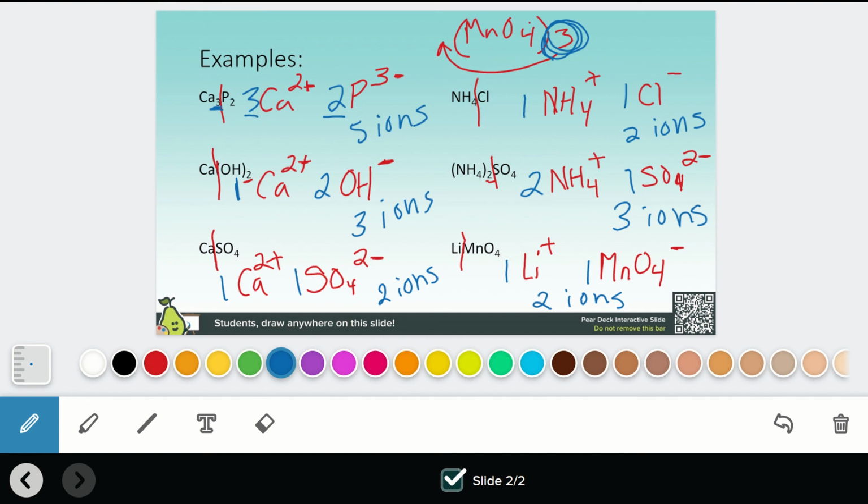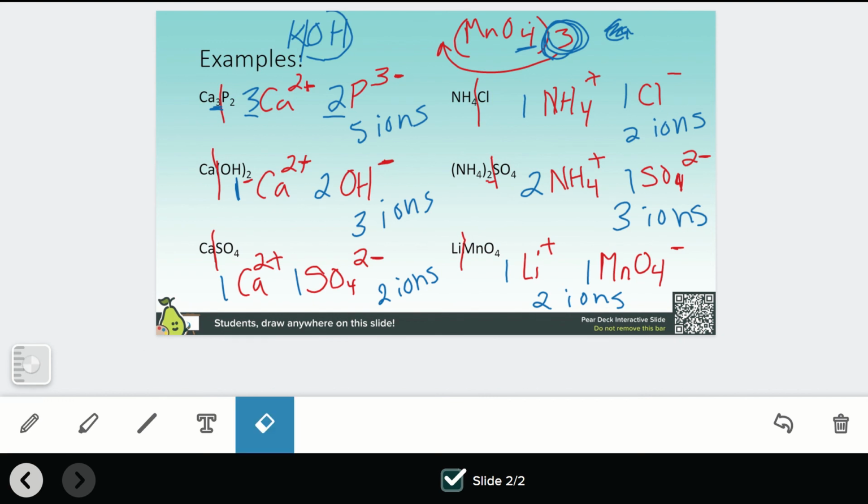If it doesn't have parentheses, like if I saw KOH, right, I see 3 different elements, split it after my potassium, that OH has no little subscript, so we're not going to move anything.